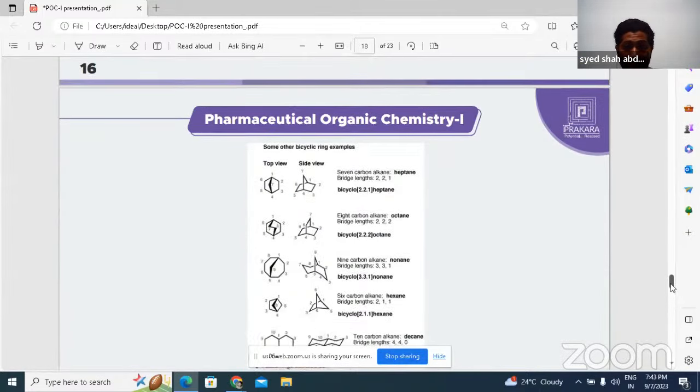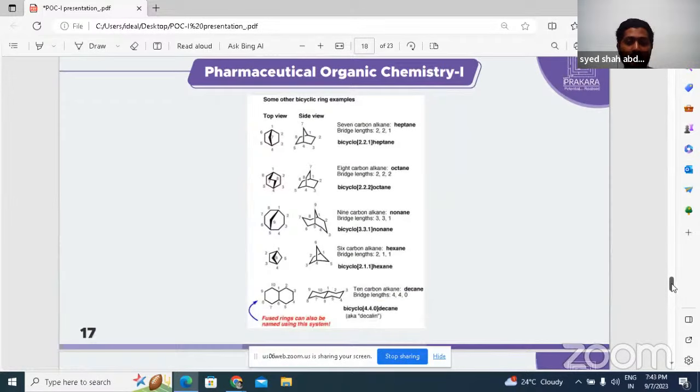And bicyclic, it is also important for your competitive exams, like how to name the bicyclic compounds. So here, for bicyclic compounds, first of all we need to draw the structure. Then we need to separate the bridge which is connecting and creating the two cycles.